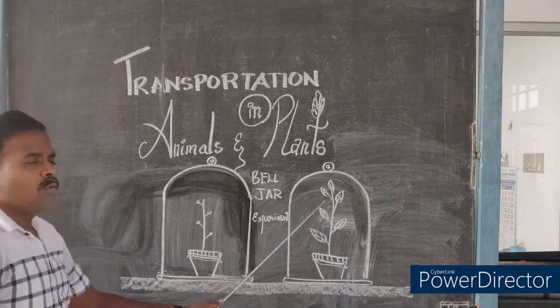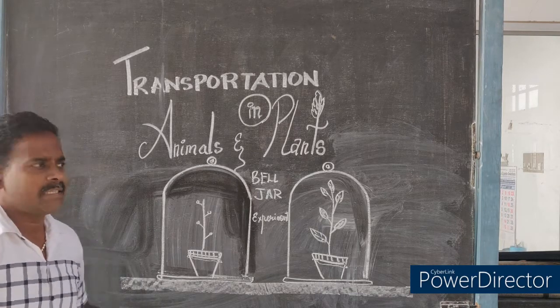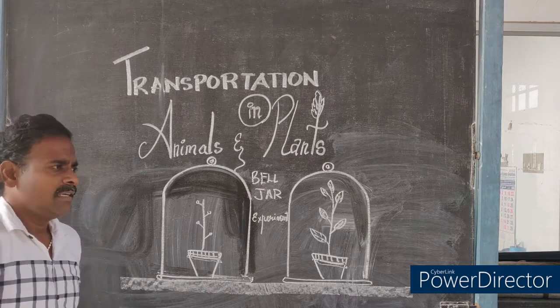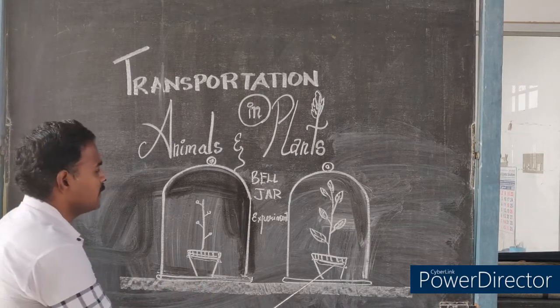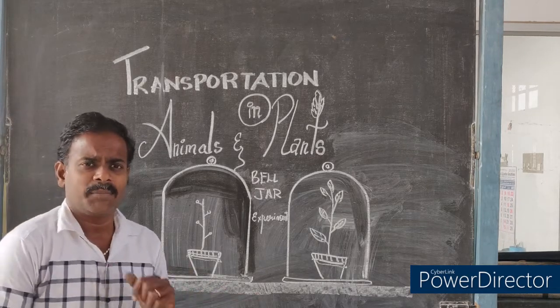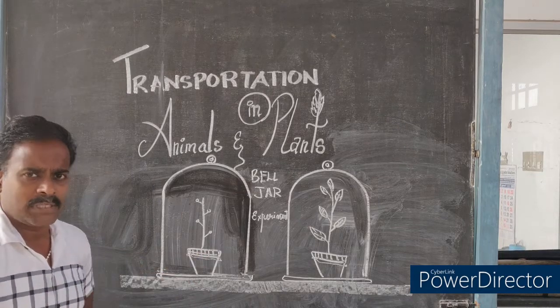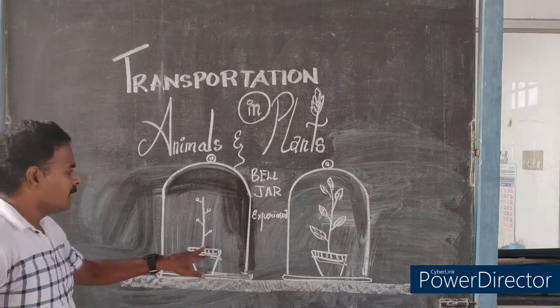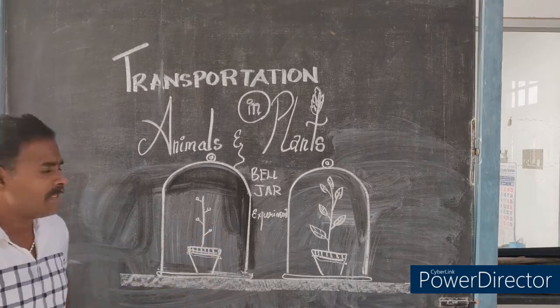So I am taking two bell jars, and inside I have to take two well-watered potted plants. In both cases the soil surface should be covered firmly with a plastic paper such that the soil is not exposed outside. Only the stem is left out; you make a hole and cover the whole pot with the plastic cover.